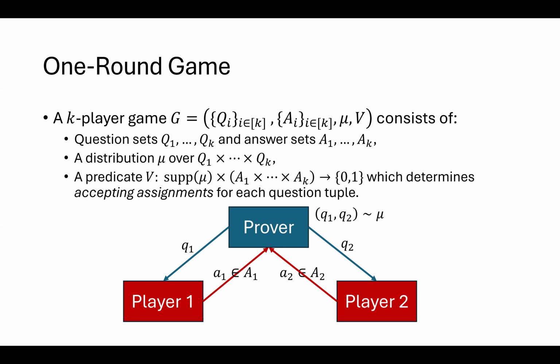Player 1 responds with an answer A1 in its answer set. Player 2 responds with A2 in its answer set. And then the game accepts if the predicate evaluated on q1, q2, which is the element in the support of mu, and then A1, A2 equals 1. So this is how a one-round game goes.